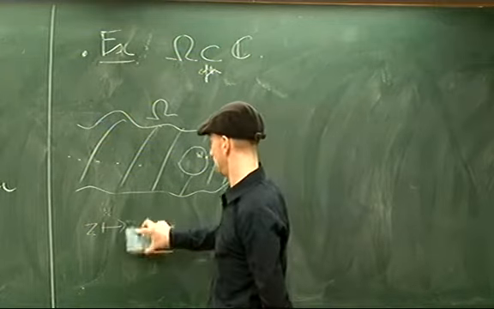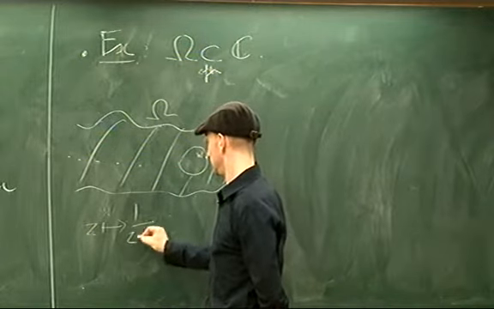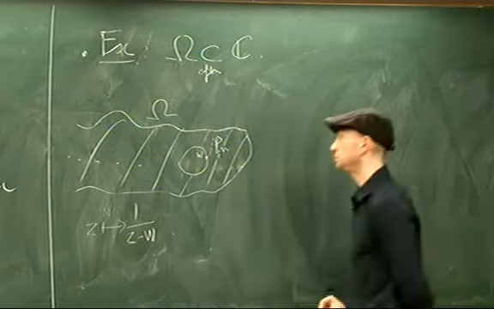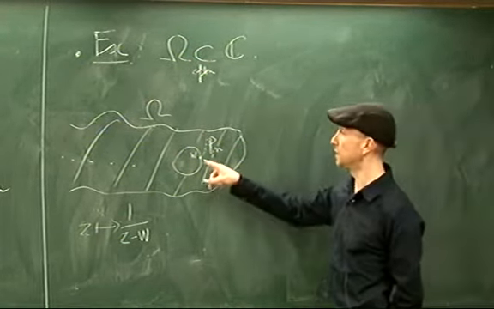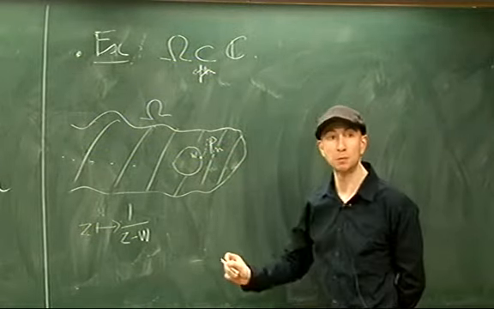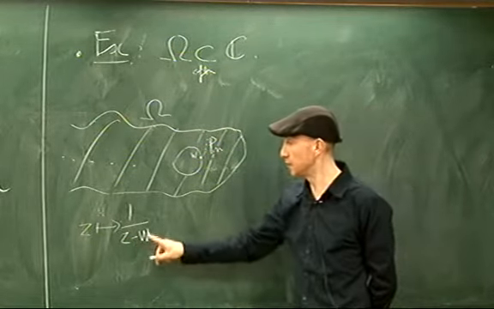And we can take, what do we take? 1 over z minus w. So if we do this, this is a holomorphic function on omega because w is not in omega, so no problem. But the pn's, of course, tend to w, so this tends to infinity.